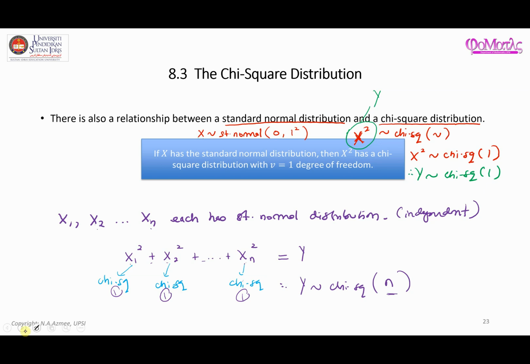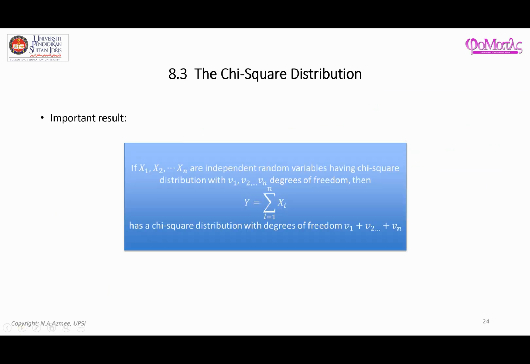Now this result can be easily extended if you have, for example, independent chi-square random variables. This is another result. Here we have X1, X2, Xn. They are not standard normal, they are already chi-square random variables.